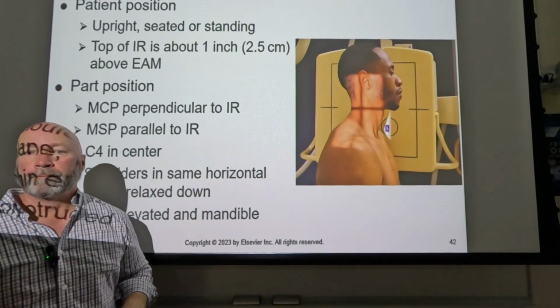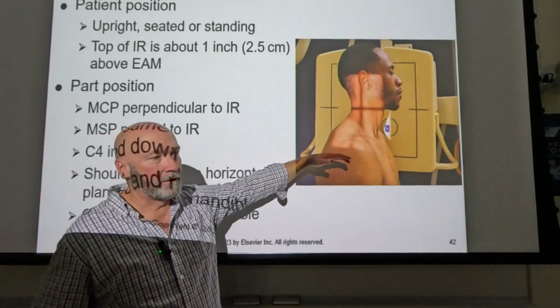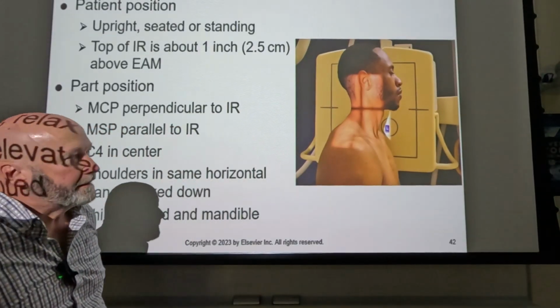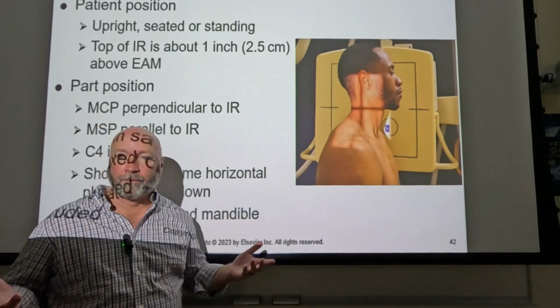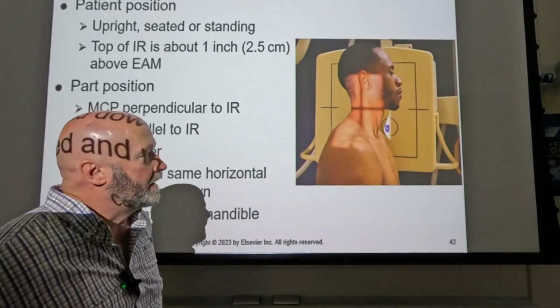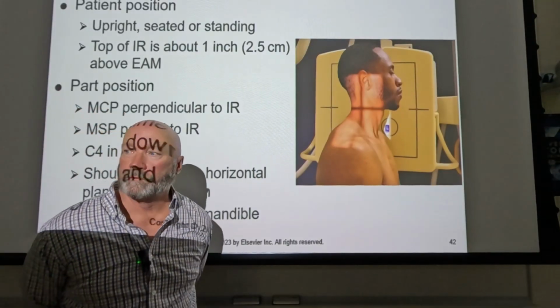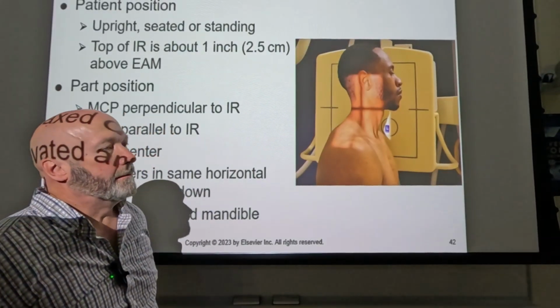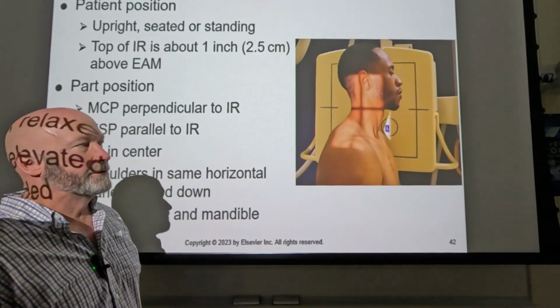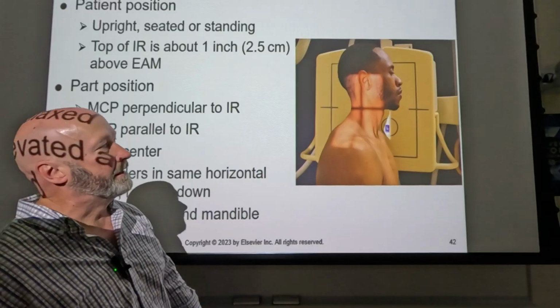Okay, so it's important to get as much of the lower C-spine as possible. So have them reach back. Also, with them upright, you're more likely to get C7, T1. So have them reach back, extend the elbows, reach for the floor, take a big deep breath, blow it all the way out, and then make your exposure at the end of exhalation.